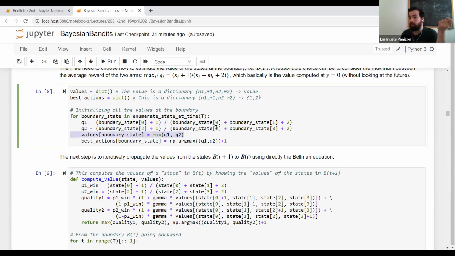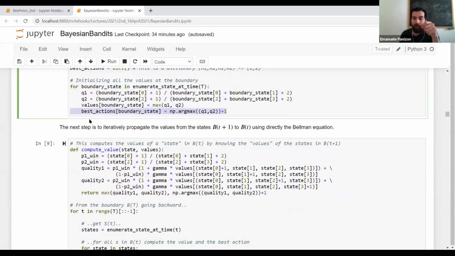Okay, so I will exploit my current belief there, and I don't care what happens afterwards. This is my last state I'm carrying. And also the next action, of course, is going to be pull that arm there. And then simply, as in the traveling salesman, you really had the optimal value for the boundary.